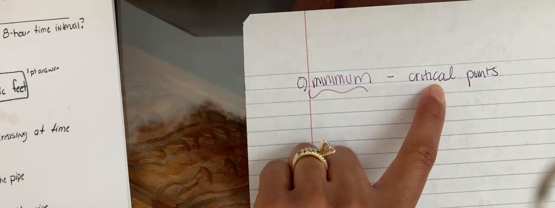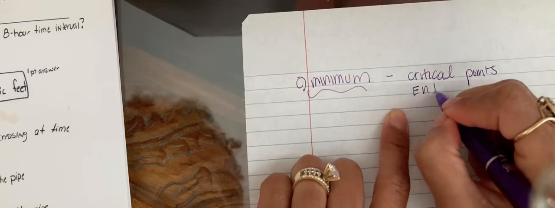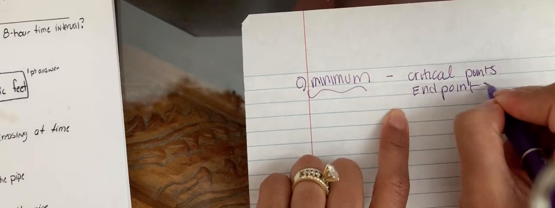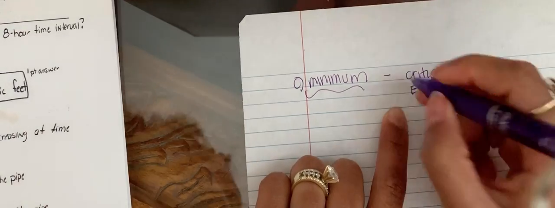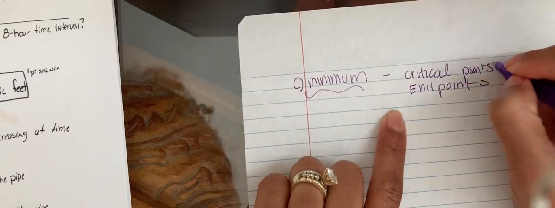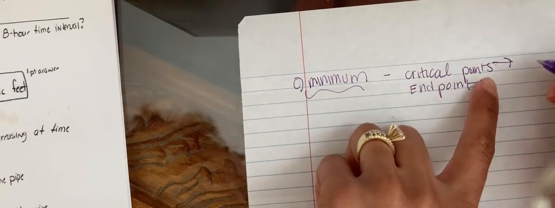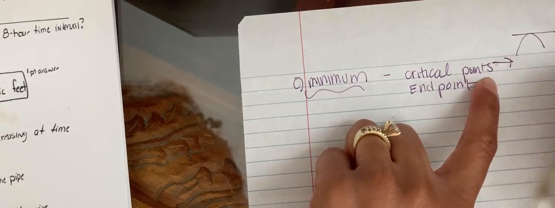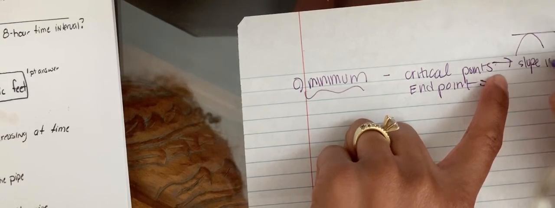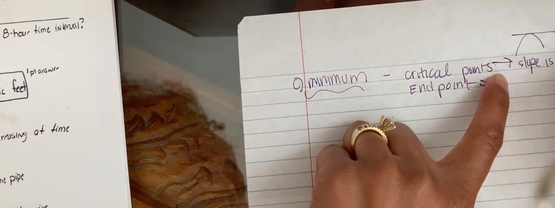So right here, we can look for critical points. You can also analyze your endpoints. And how do you find your critical points? You find your critical points when the slope is 0 for the first derivative.